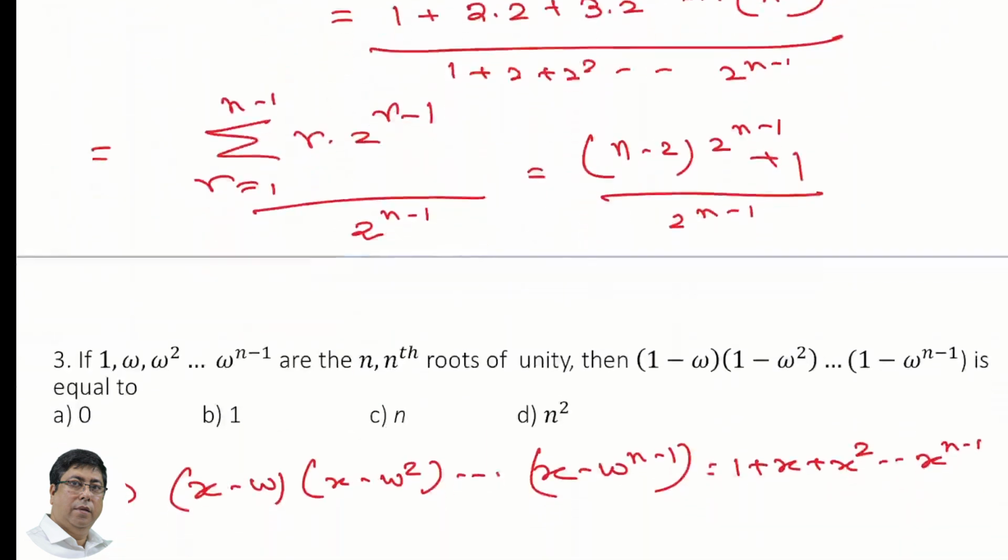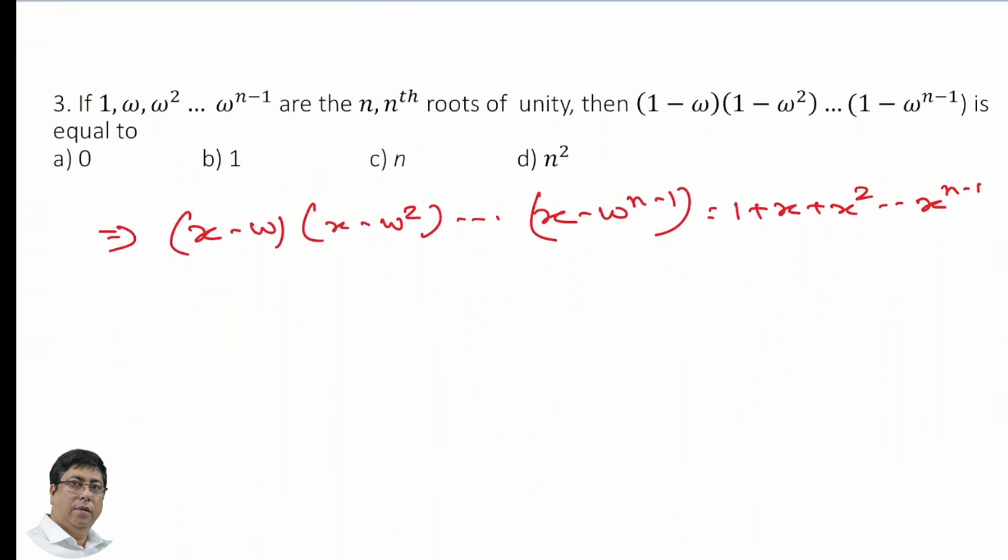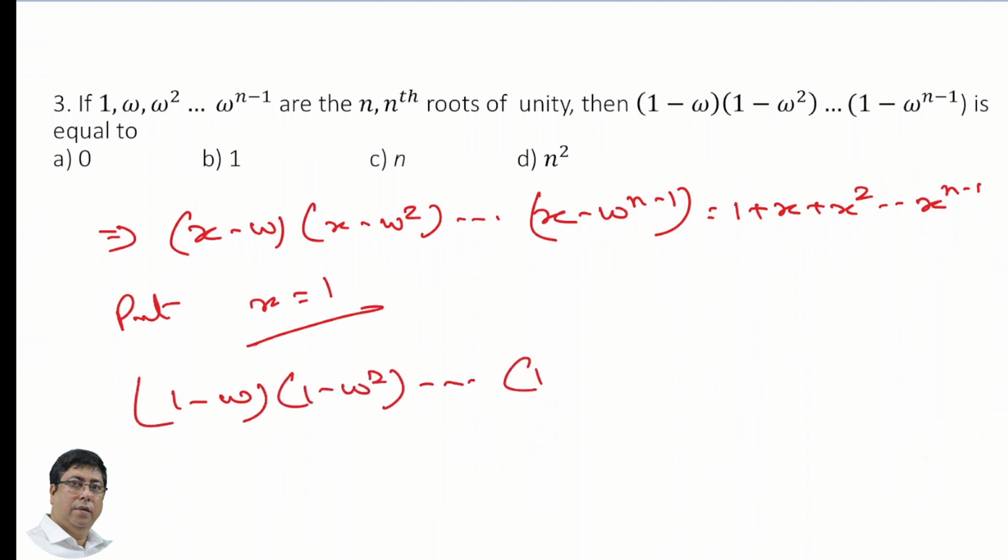So put x equal to 1, and we are getting 1 minus omega into 1 minus omega square up to 1 minus omega to the power n minus 1 equal to 1 plus 1 up to n times, that is coming to be n. So the correct option is C.